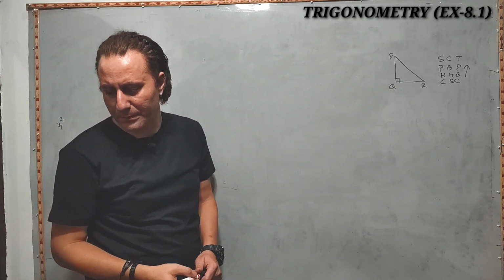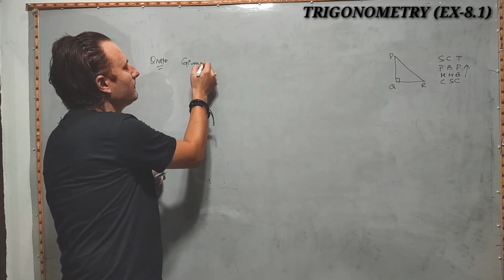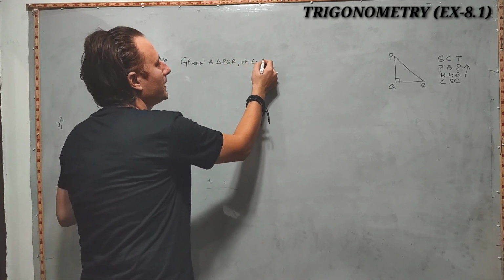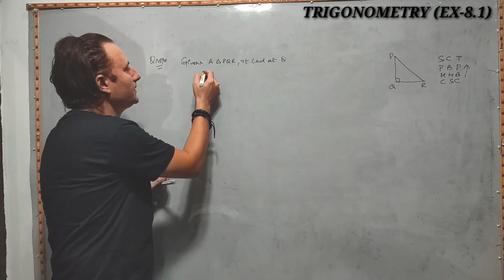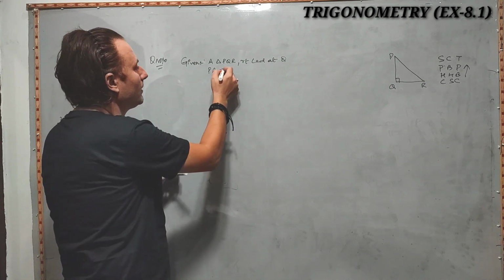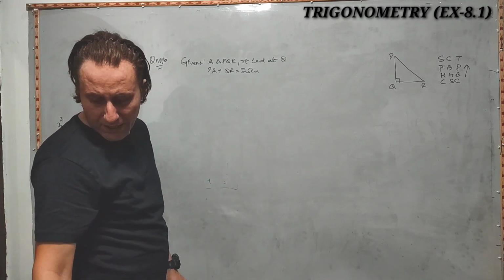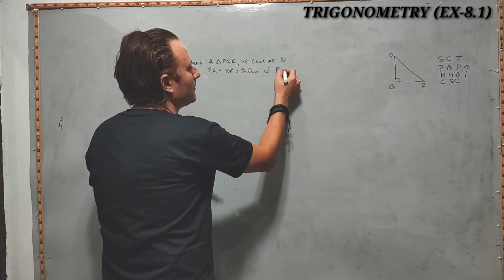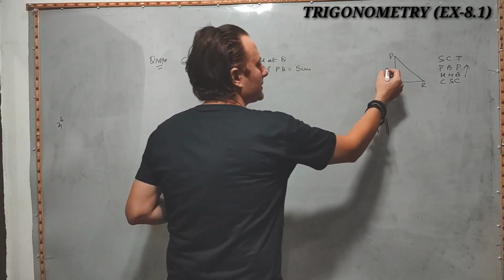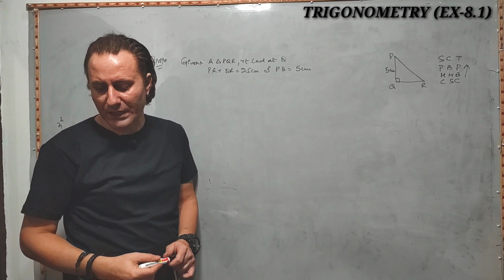It says PR plus QR is equal to 25 centimeter and PQ equals to 5 centimeter. So do we have PQ? Yes, this is PQ. So this is 5 centimeter. Now what else? Determine the values of sine P, cos P.